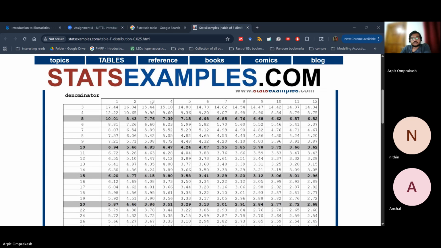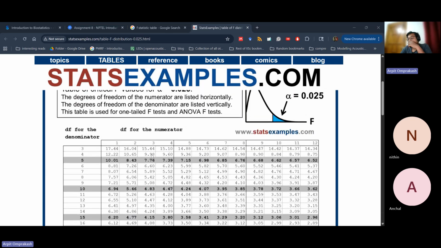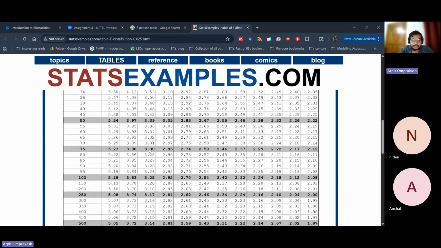Then for the second degree of freedom, which is for the denominator, we have df within equal to 74. So on the third column, we'll check for 74.